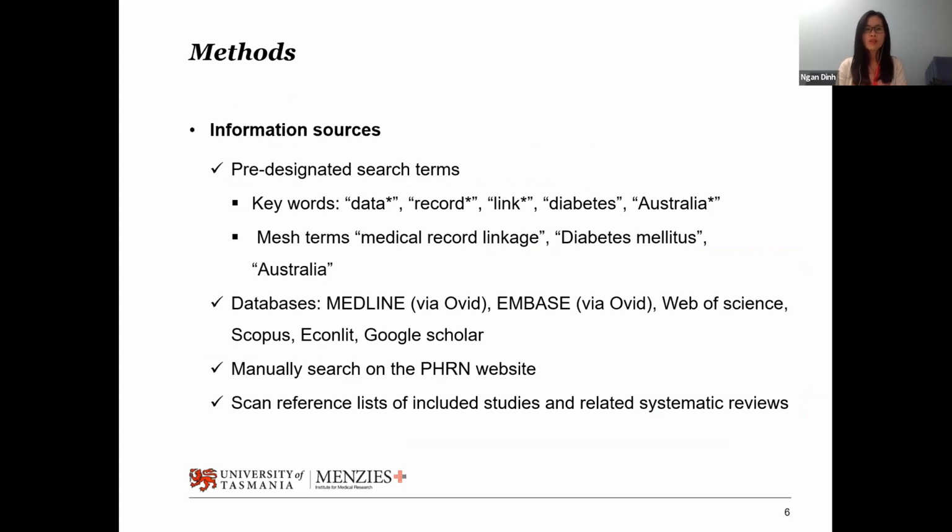So moving on to the next point, the method. We used search terms to search for literature in 6 different databases. We also searched manually on the PHRN website, which is a website listing data linkage studies in Australia. And we also scanned reference lists of included studies and related systematic reviews to obtain relevant studies.